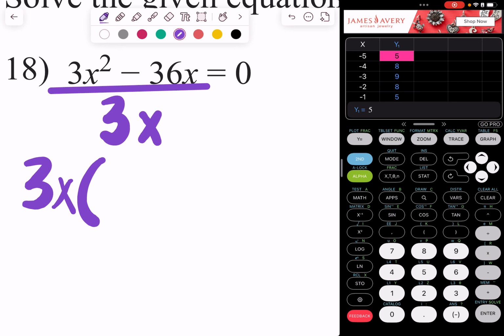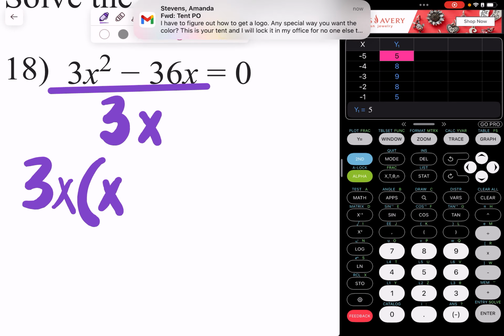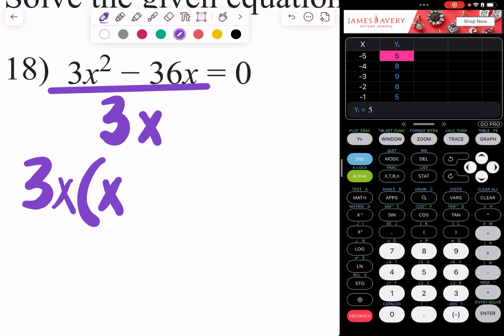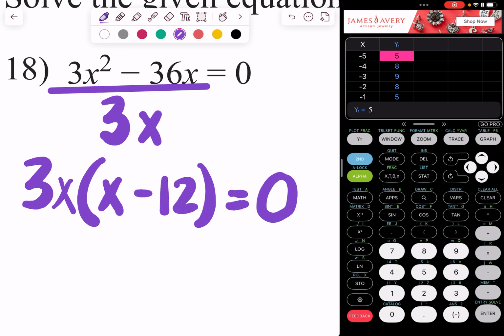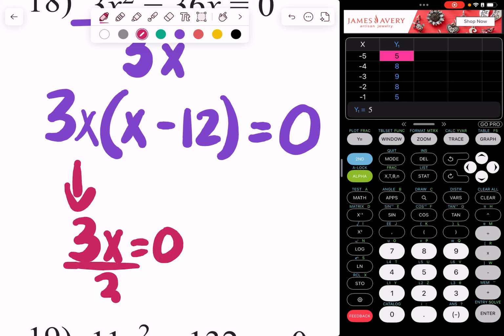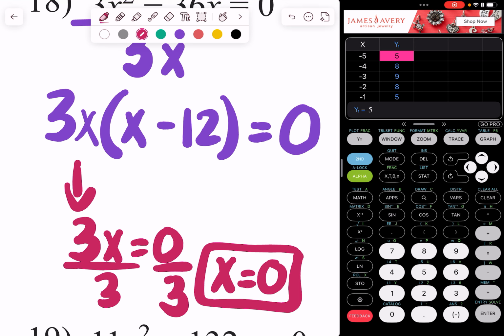But x squared divided by x would just be x. Then negative 36 divided by 3 is negative 12, and leave the x alone. Because inside that parentheses it's not x squared or anything, we're done. That's the most factored this could be. We will then have 3x equals 0. Divide by 3, and we get x is equal to 0. 0 is allowed. Stop thinking that 0 is not allowed.